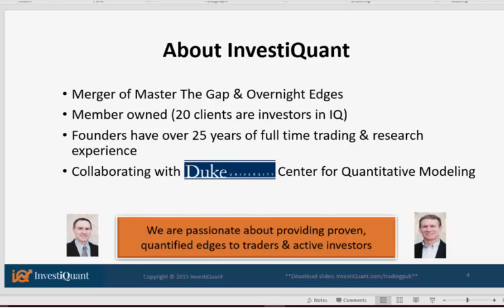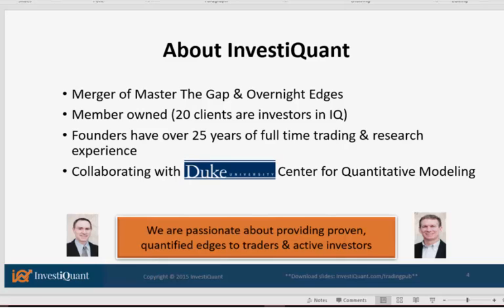Master the Gap was primarily a day trading site or intraday type trading, and Overnight Edges looks to take advantage of overnight trading. Additionally, I've been a swing trader for many years, and I've written and published a lot with regards to swing trading. I have a swing trading site as well, and we've now incorporated swing trading into InvestiQuant, and that's what we're going to be talking about today.